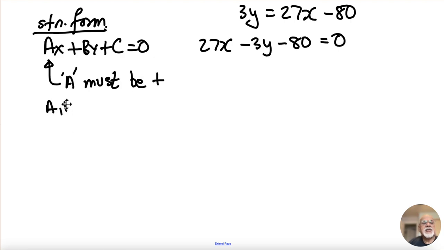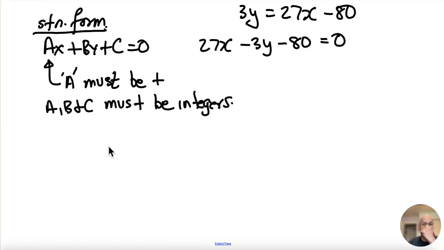A, b, and c must be integers. You can't have fractions. And lastly, a is positive, so that one's fine, and a, b, and c have to be in that order: ax plus by plus c equals 0. So that conforms to that.